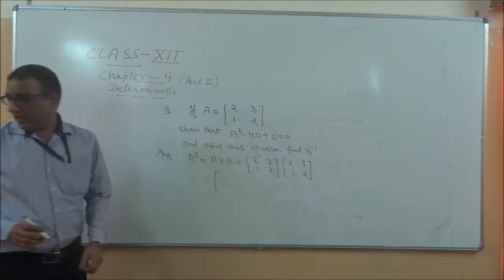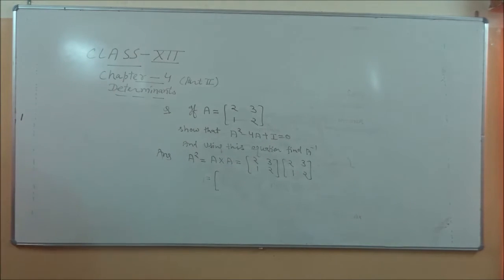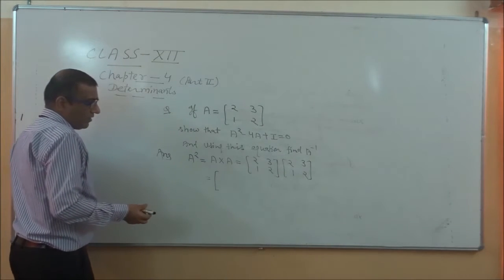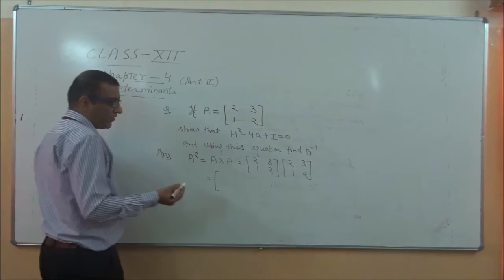Whenever we multiply row with column, R1 multiplied by C1, we write in the C1 column, and R2 multiplied by C2, we write in the C2 column. So we will go with the multiplication of matrices. It can be written as R1 C1 in the C1 column and R2 C1 in the C1 column, as per the previous concept of multiplication of matrices.